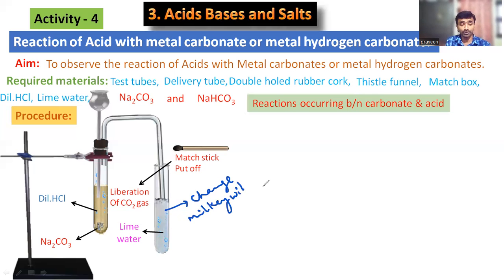This is also because of a reaction, because you observe a change. Then here also one change, gas liberated. That gives an idea about a reaction. So two reactions observed. One is in the first test tube and the other is in the second test tube.